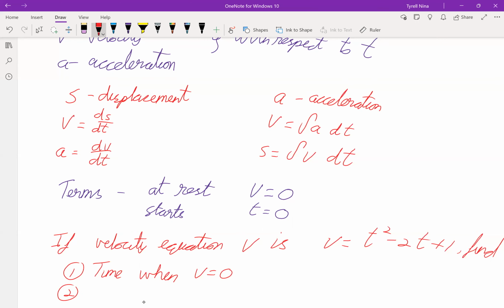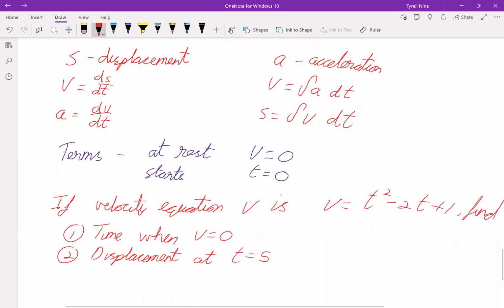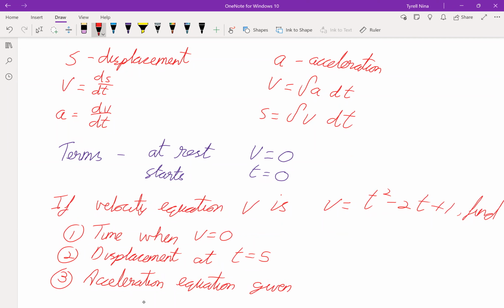Two, the displacement at t equals 5. And three, the acceleration equation, given that at t equals 4, a equals 7. Try that. If you could do this question, you could do anything with respect to kinematics. All right, try this.